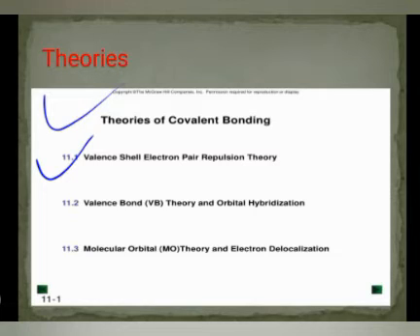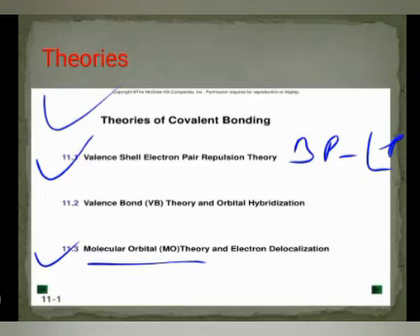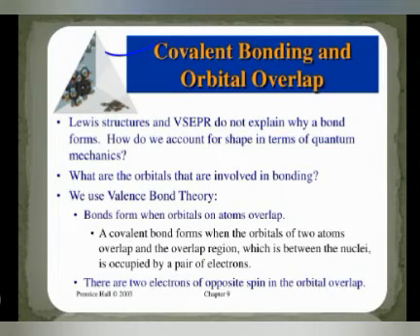First is valence shell electron pair repulsion theory, which depends upon the number of bond pairs and lone pairs. Valence bond theory depends upon hybridization and overlapping. And the third theory, which we will talk about tomorrow, is molecular orbital theory, electron delocalization. So let's start covalent bond quickly.